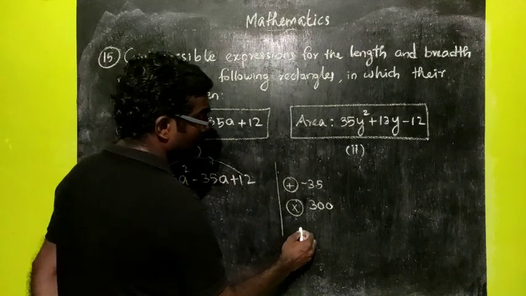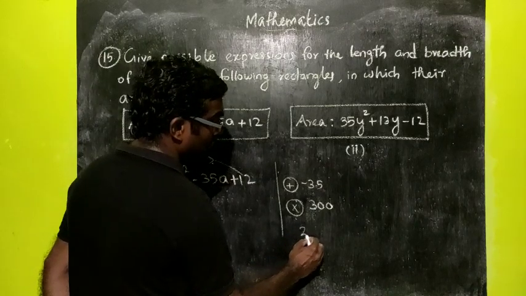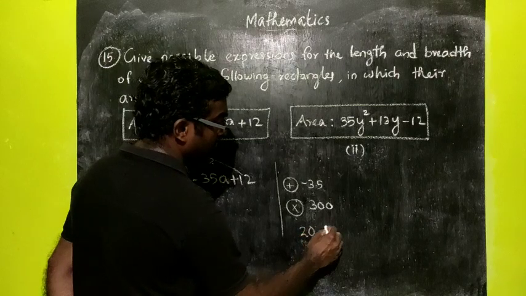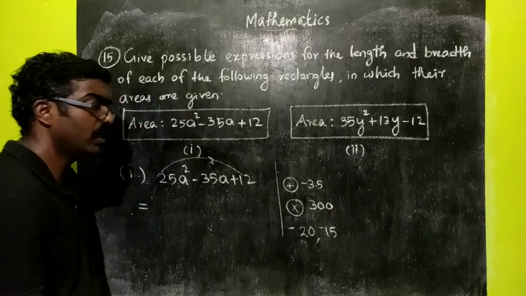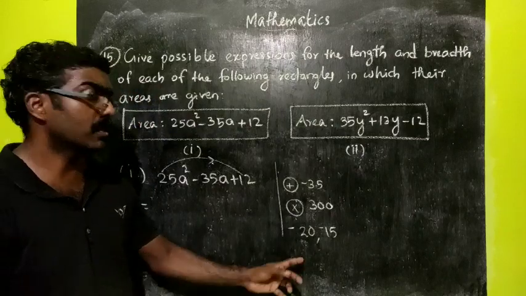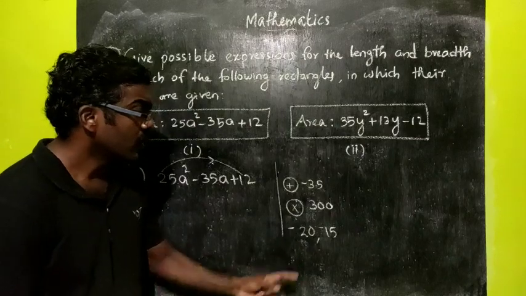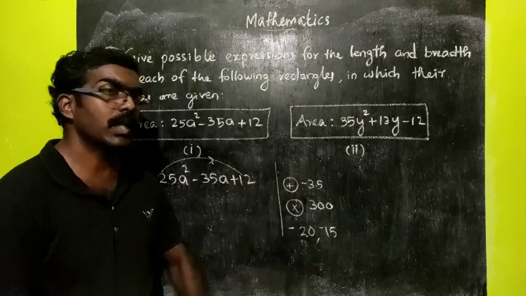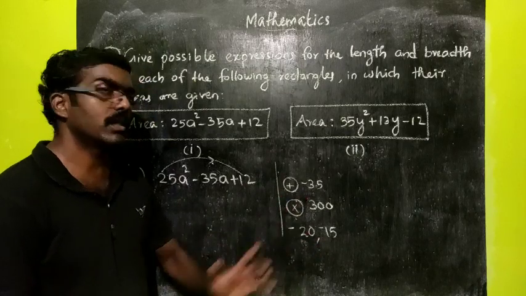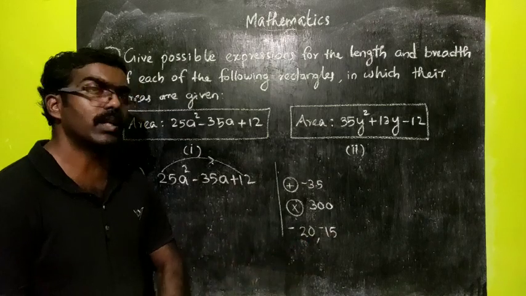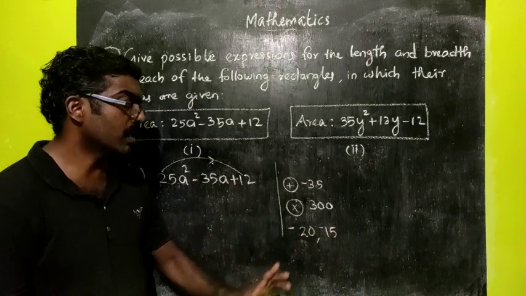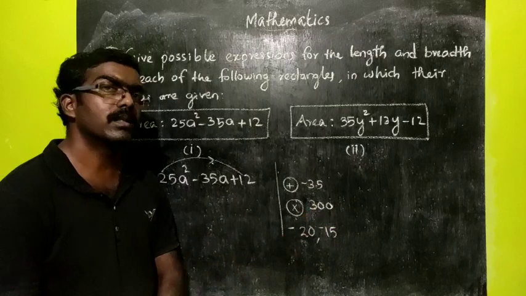We can take minus 20 and minus 15. Let us check. Minus 20 plus minus 15 is minus 35, and minus 20 into minus 15, minus into minus is plus, 20 into 15 is 300.